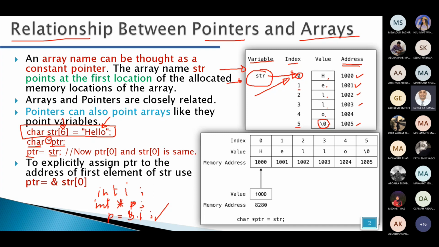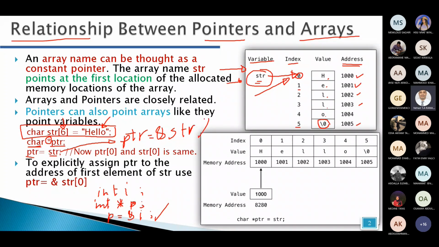That's why, because i here is only the name of the integer value. But about the array, we said the name of the array is a pointer to the first element, so it has the address of the first element. That's why, if you look here, we did not say ptr equal &str.